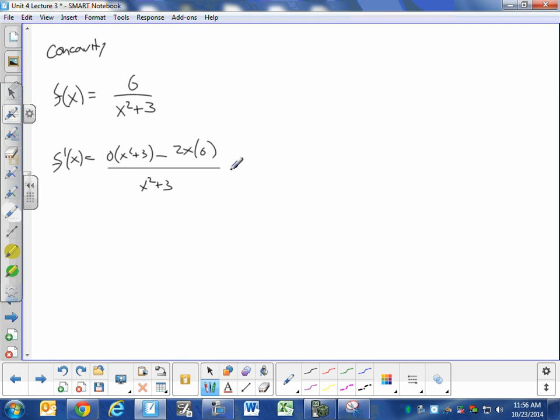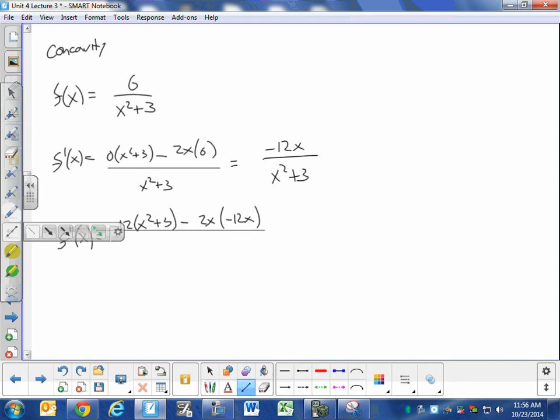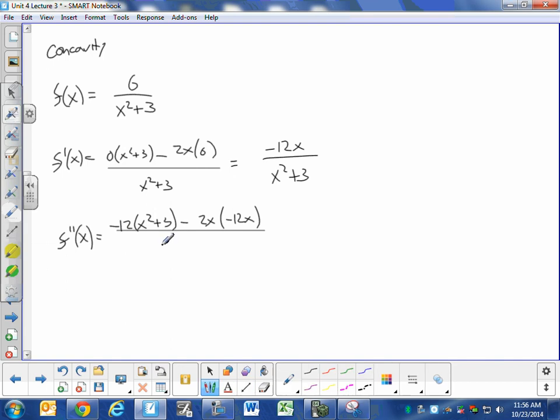Since this is my first derivative and I need to find my second derivative, I will simplify this. Make sure it looks nice. And now I find my second derivative. I get f prime g minus g prime f all over g squared. This is supposed to be squared. Oops, let's go back.